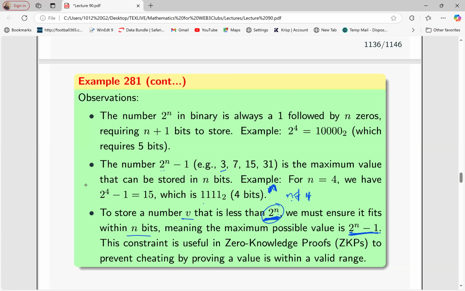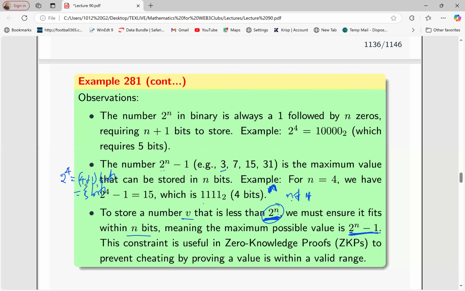So let me just show an example. I want a number that is less than 16. 16, we've already said, is 4 plus 1 bits, so this is 5 bits.